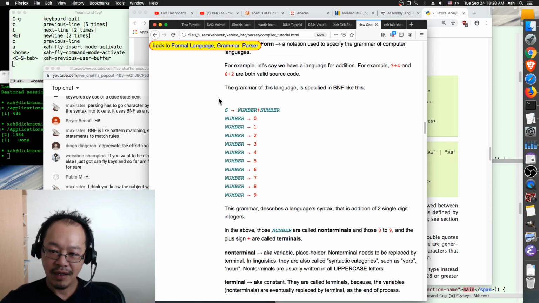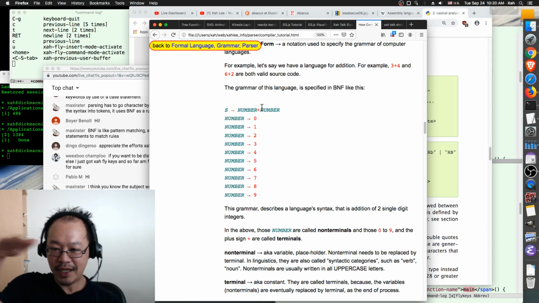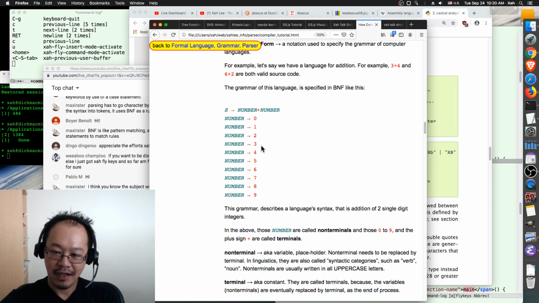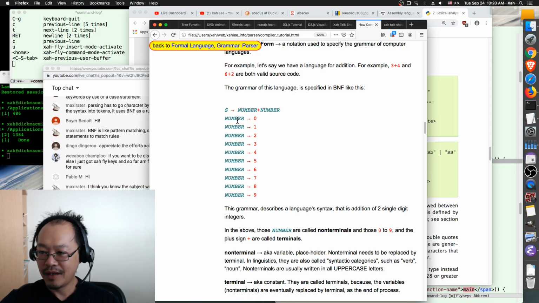Here we see an example of a grammar. So what does it mean? A grammar is basically many lines, and each line you can think of as a find-and-replace rule.